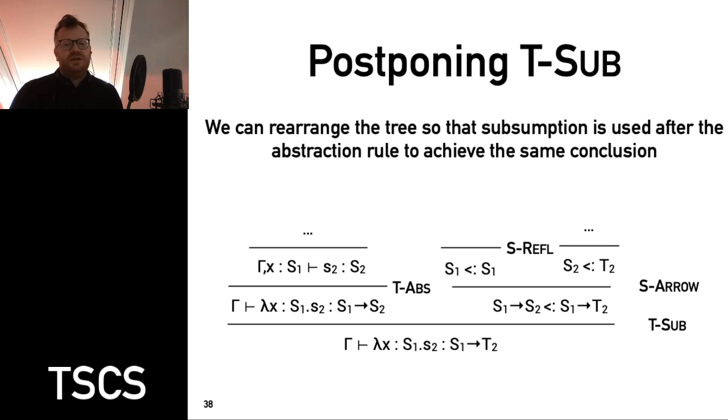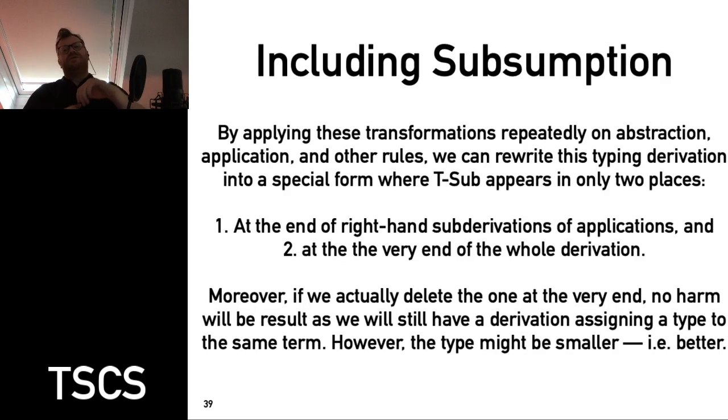And we can do this for any kind of thing after the abstraction rule. So we can always push T sub to be the very last thing we do in the derivation tree. And this is a very interesting observation, because then we can include subsumption into function application.